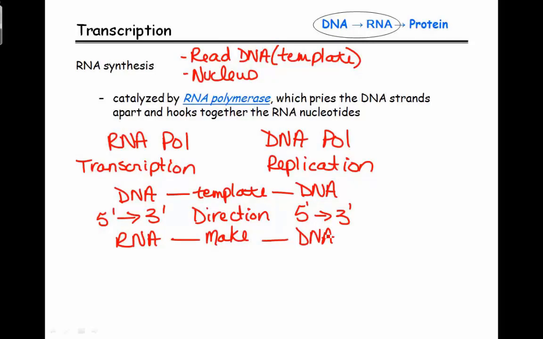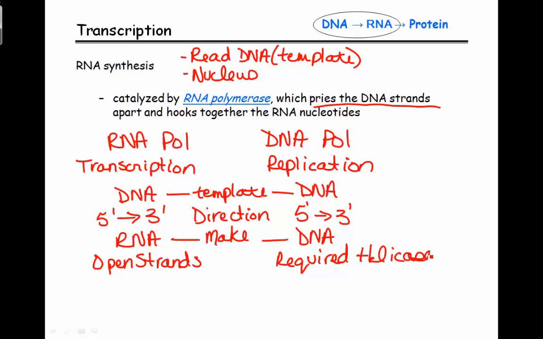Now, to get the whole process started, there are some differences. Notice up here that RNA polymerase is going to pry the DNA strands apart from each other. So RNA polymerase is able to open the strands, and by that we mean it's able to break the hydrogen bonds. DNA polymerase required the help of the helicase enzyme, which was definitely needed in DNA replication to get the strands apart from each other.